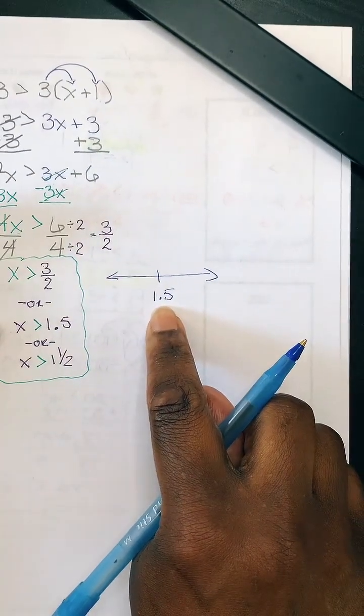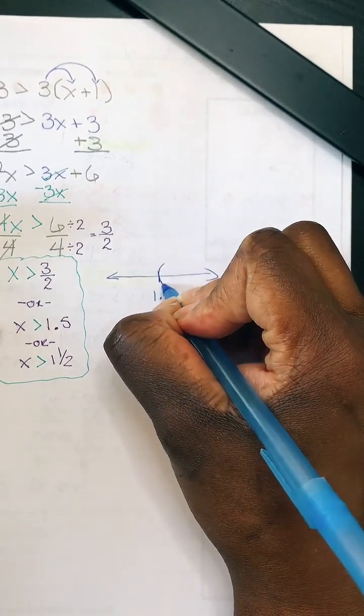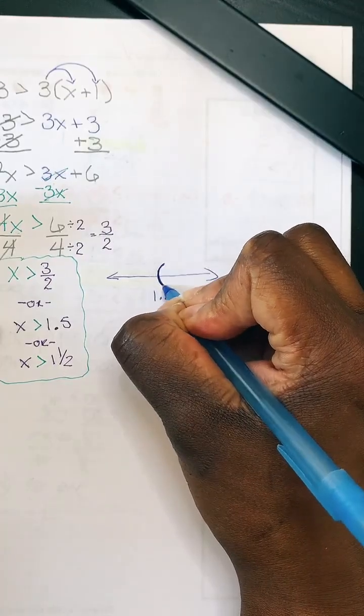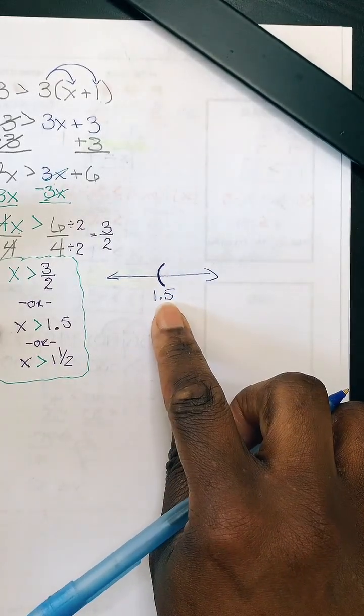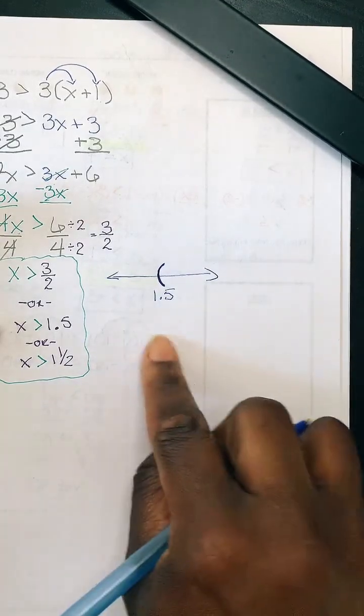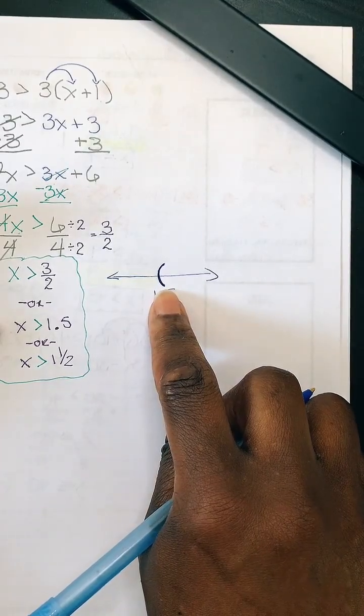So when it doesn't include it, we have a parenthesis. A lot of people used to do open circles, closed circles, but as you start advancing up, they're not using open and closed. They're using what's called interval notation.